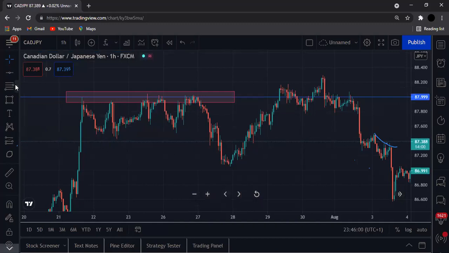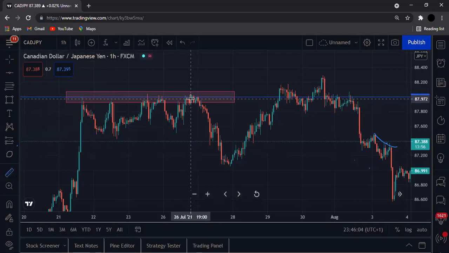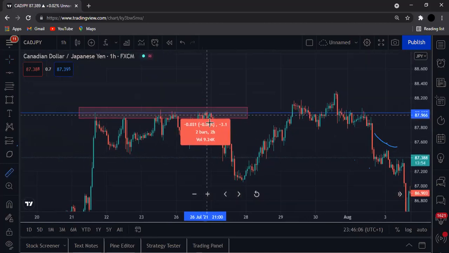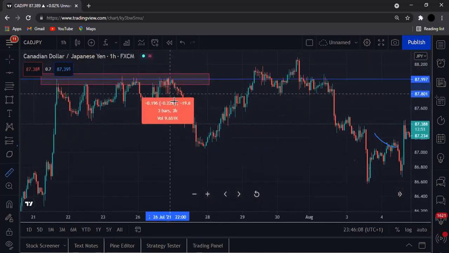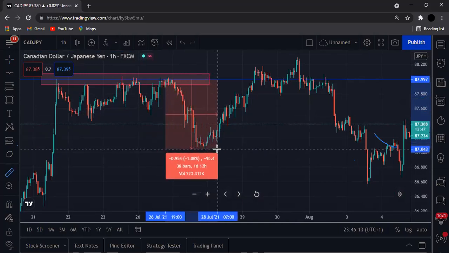Do you know how to calculate pips? Yeah, I think I have. Okay. TradingView can help you calculate that easily. This is about 95 pips.